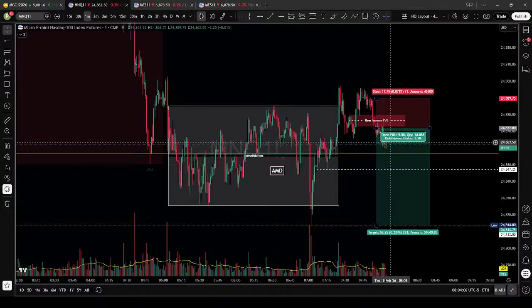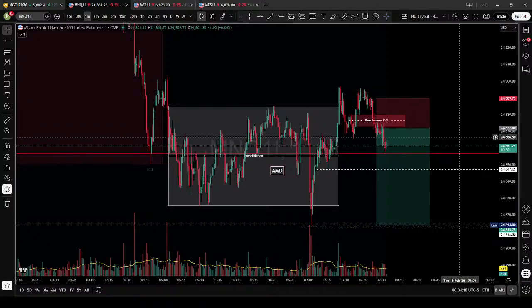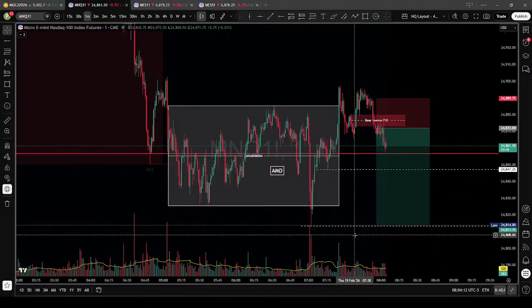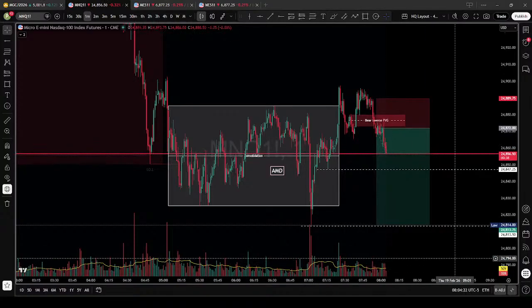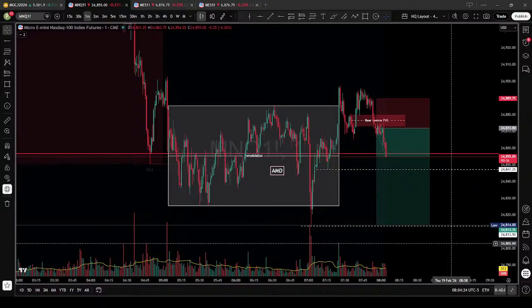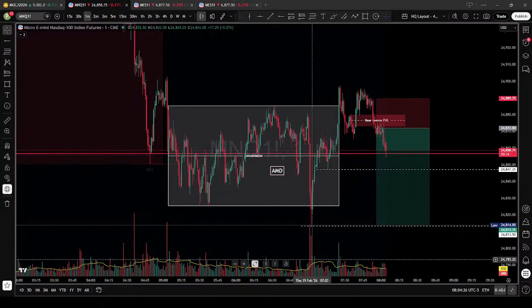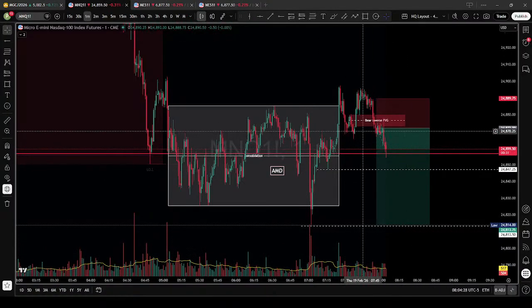Price is taking out stop losses. Now I would just move this stop loss to break even. If the price wants to continue to move downside, we will wait for the price to go down, but the stop loss is at break even now.